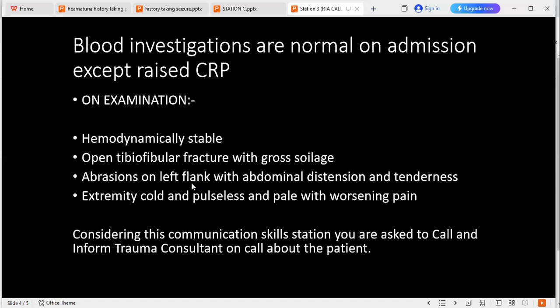It's soft, but because he's a trauma case, I suspect either injury to the vessel, the kidney, or the intestine. What image to do for that? Yes, I did ultrasound abdomen and it shows free fluid at the paracolic gutter.